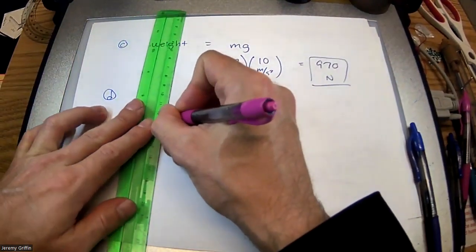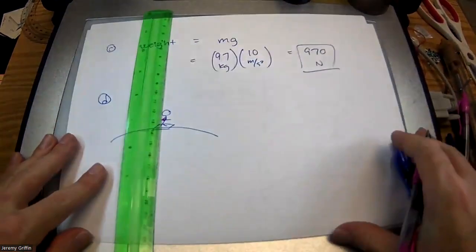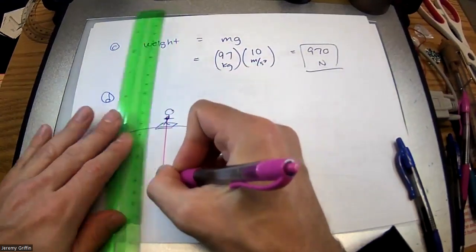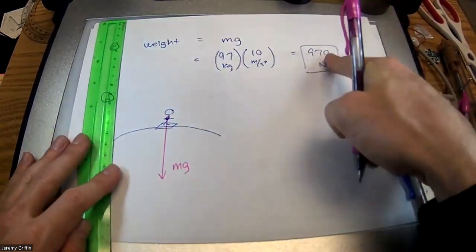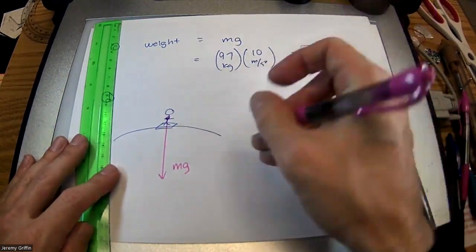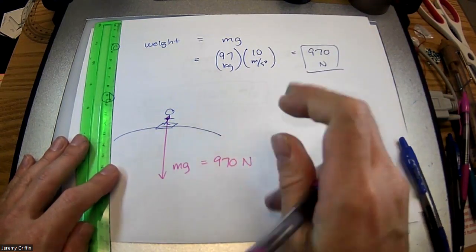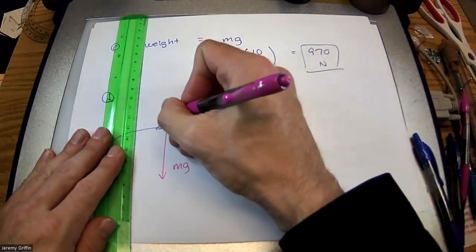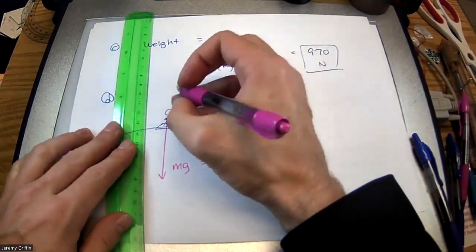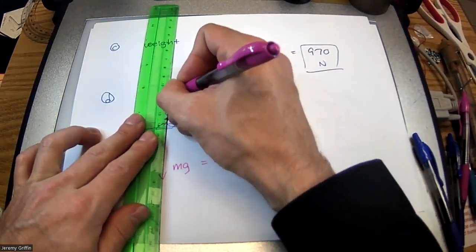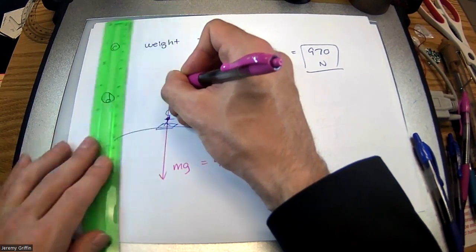Okay. So this person has a weight that's pulling straight down, mg, and that number is 970 newtons. Right? And this person has a normal force that's actually not as much.